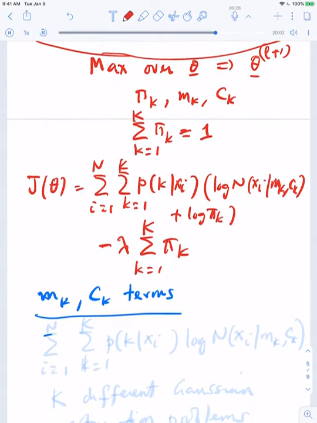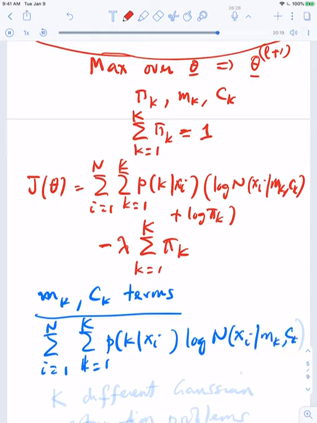They are basically summation i equals 1 to n, summation k equals 1 to capital K, p of k given xi times log of the Gaussian with mk, ck.